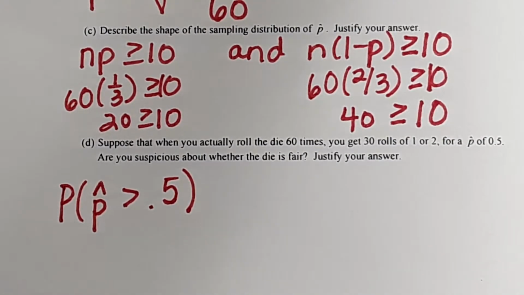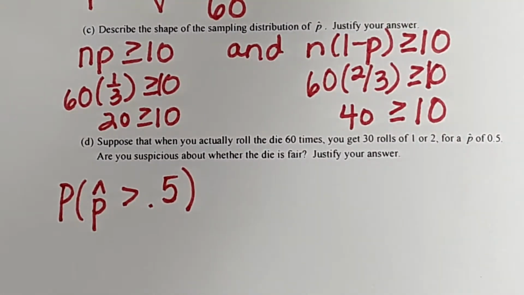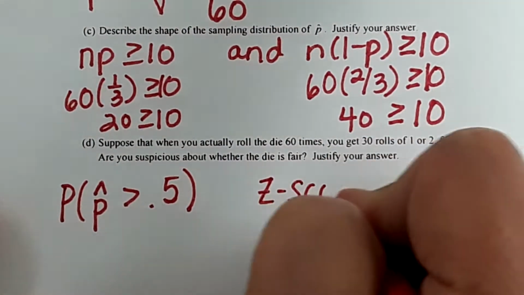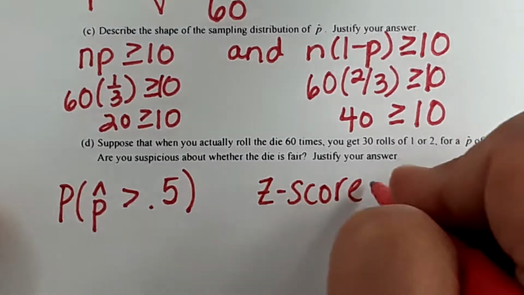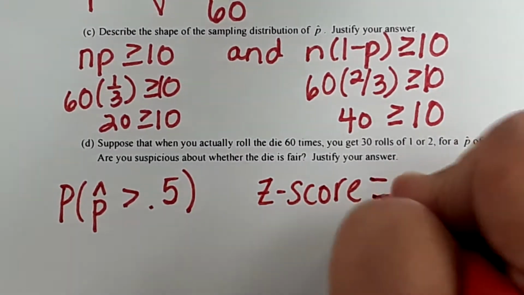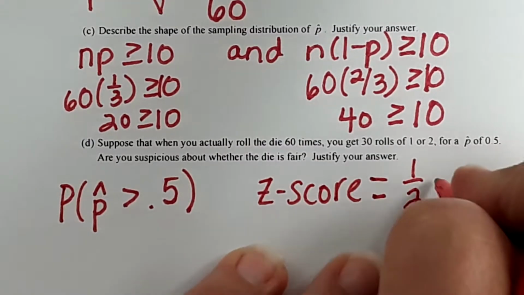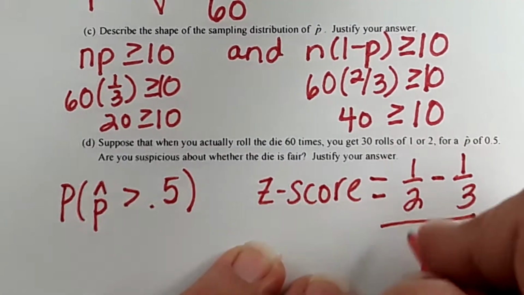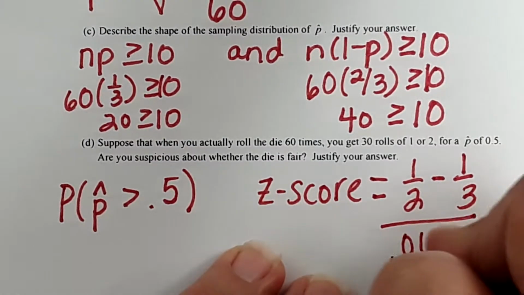The picture should have 1/3 in the center, and then your standard deviation of 0.0609. Now we have to find the z-score. The z-score would be 1/2 minus 1/3 over 0.0609.